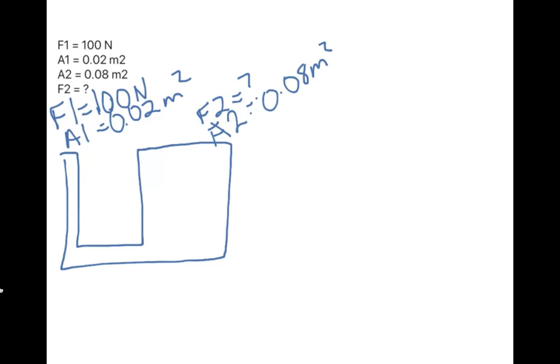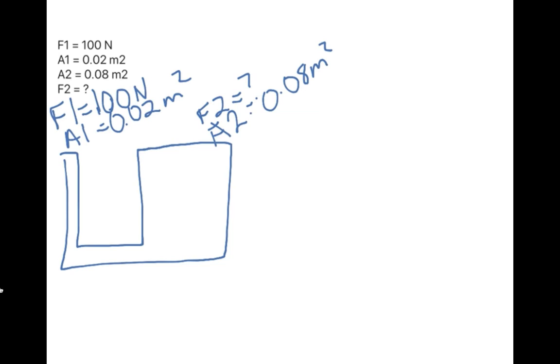Right, so this one again, let's draw our picture. So again, I have my input piston and my output piston. They grouped it in the picture there, and also my A1 and my F1 will go together, my F2 and my A2 go together.